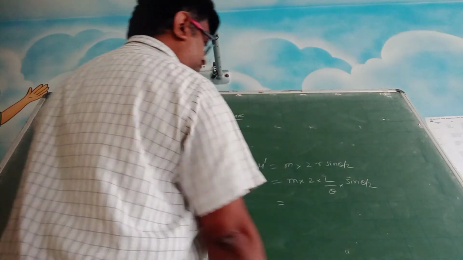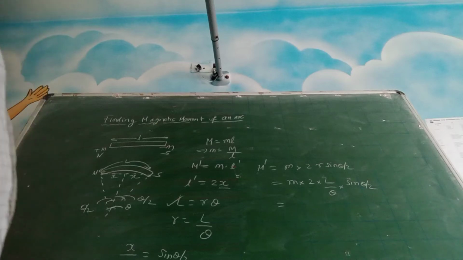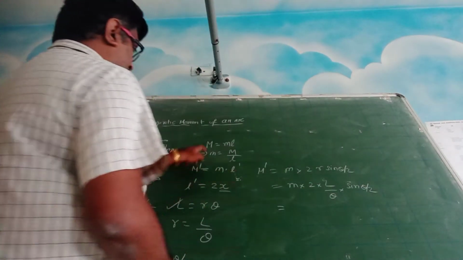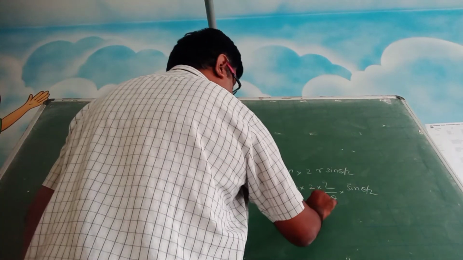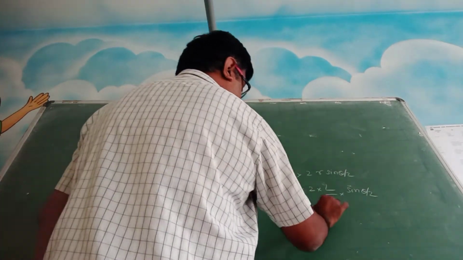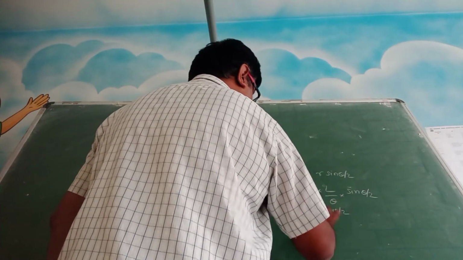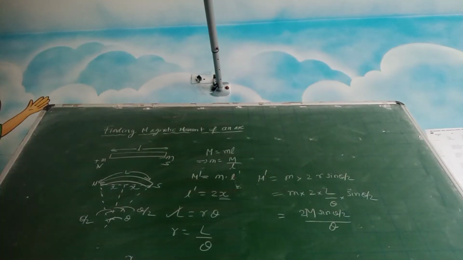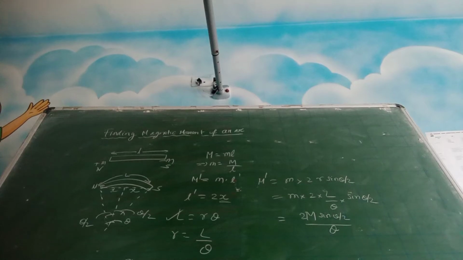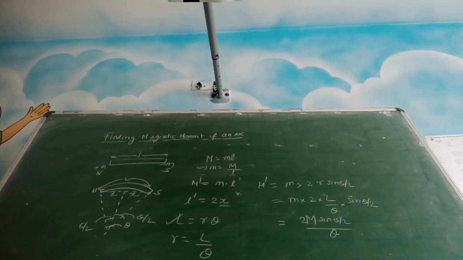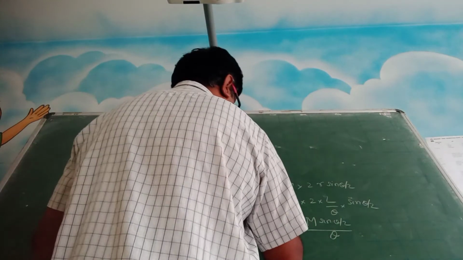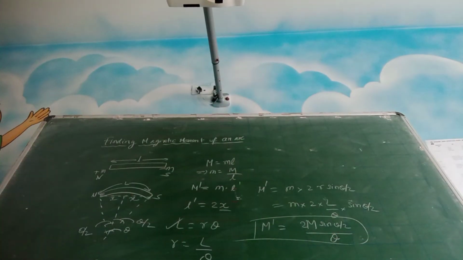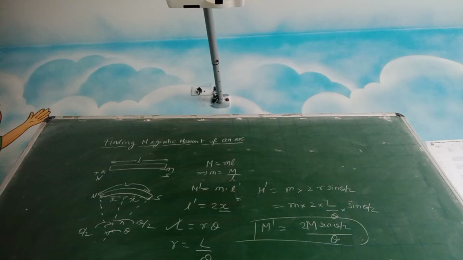So you are getting M into L, and M into L is capital M, so M dash is equal to 2M sine theta by 2 divided by theta. The thing is that here the theta value should be in radians. So you can remember this expression to solve questions.